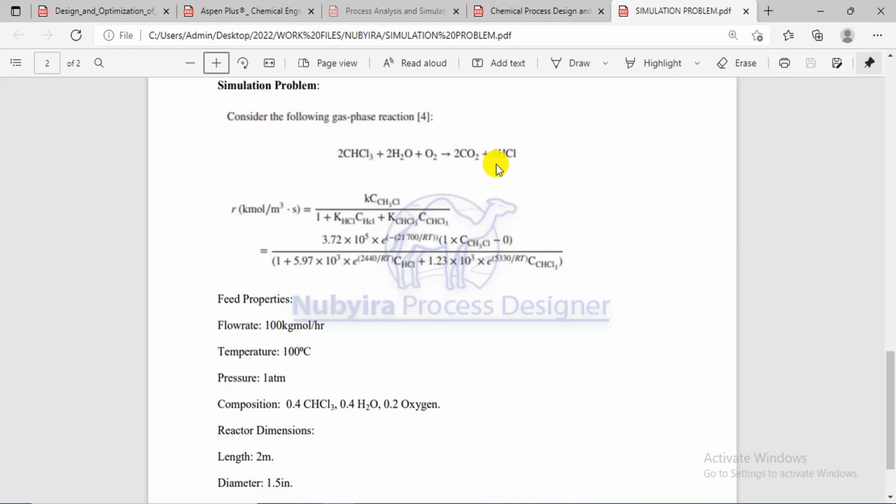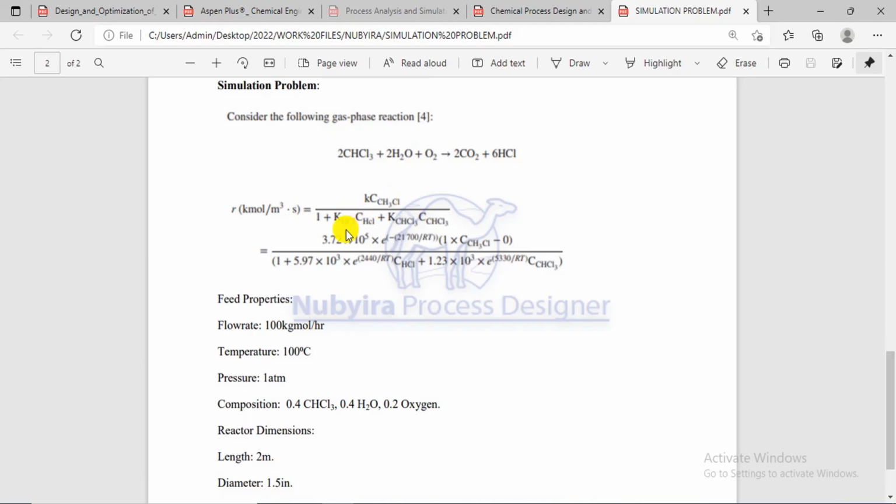If it was a reversible reaction, you would still have a particular expression by the side here after the minus sign. And yes, this one can be simulated in Aspen Hysys because your rate is in terms of kilomole per meter cube. That meter cube signifies that this rate expression is based on reactor volume, and reactor volume can be simulated in Aspen Hysys. That is why I chose this example for this tutorial.